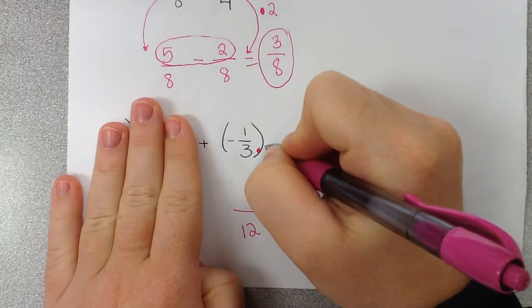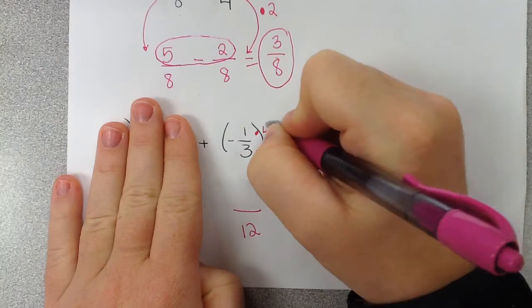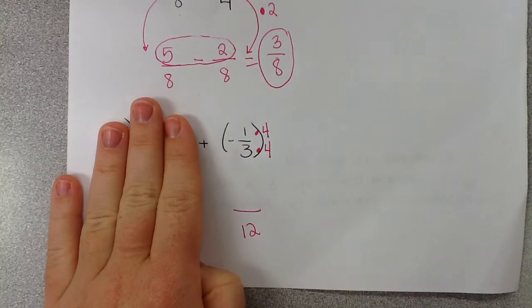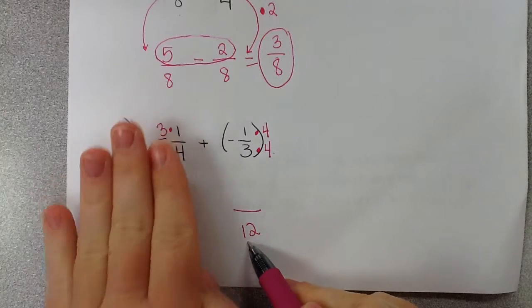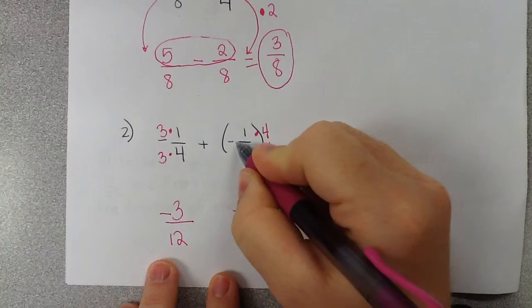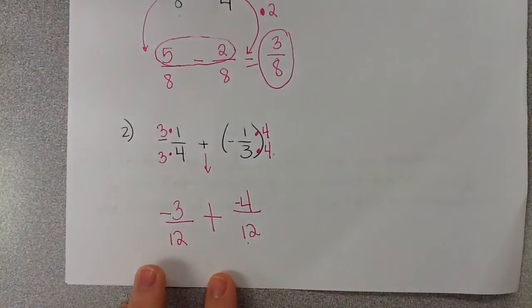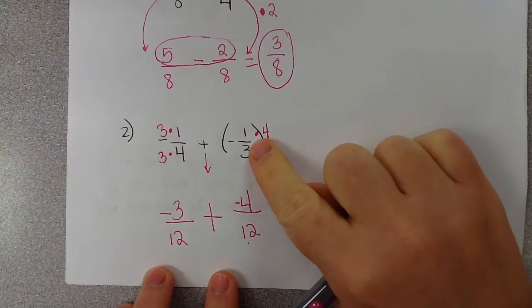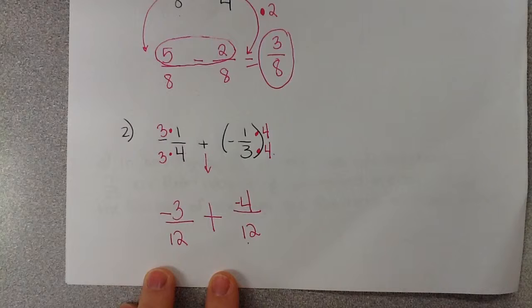Times by 4, and what I do on the bottom, I must do on top, times by 4. 3 times 4 gave me my 12. 1 times 4 is 4. It was a negative. I'm going to bring down my addition sign. If the original fraction is negative, our new fraction must also be negative.